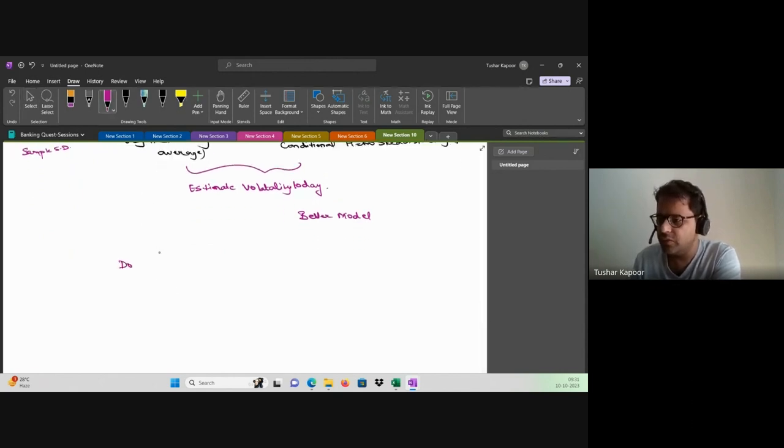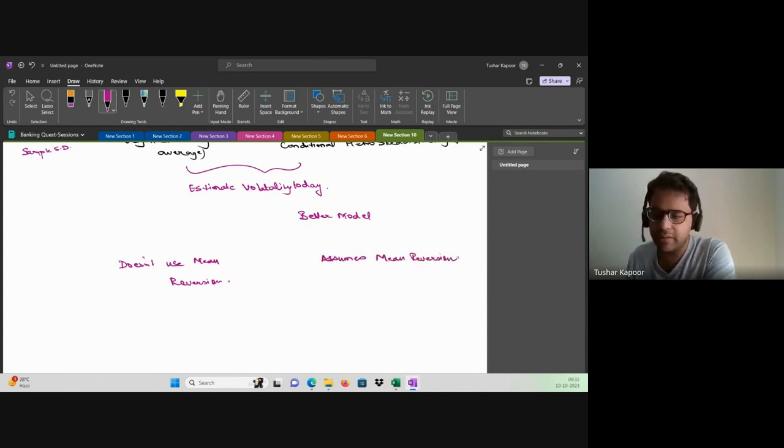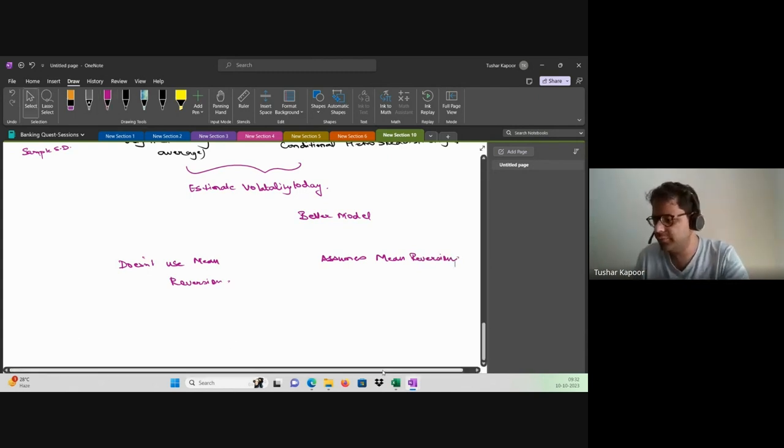It does not use mean reversion, whereas the GARCH model assumes mean reversion. Okay, what is mean reversion? I'll talk about that as well. Just give me a few minutes here.